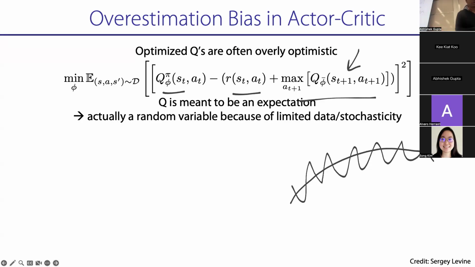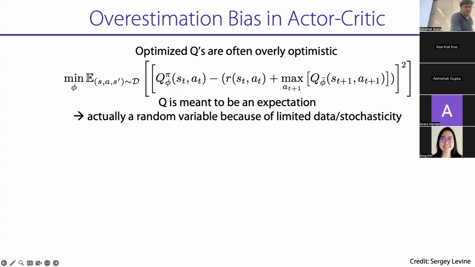But the tricky thing is you have this estimator, this random variable for Q that's stochastic, but you put it into a max, right? So imagine this is the true value, but you put it into a max. You're going to have an optimism bias, because sometimes you go higher, sometimes lower, but you're biased towards things that are higher. If you have a random variable inside a max, you tend to be optimistic.